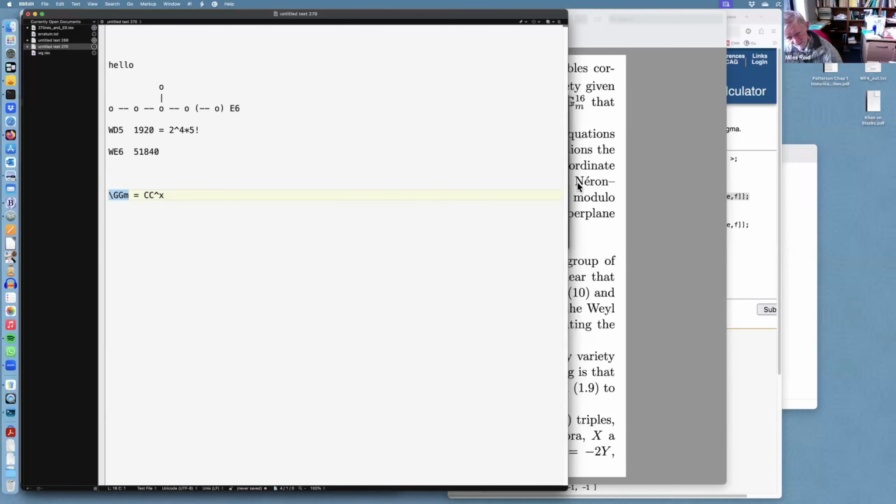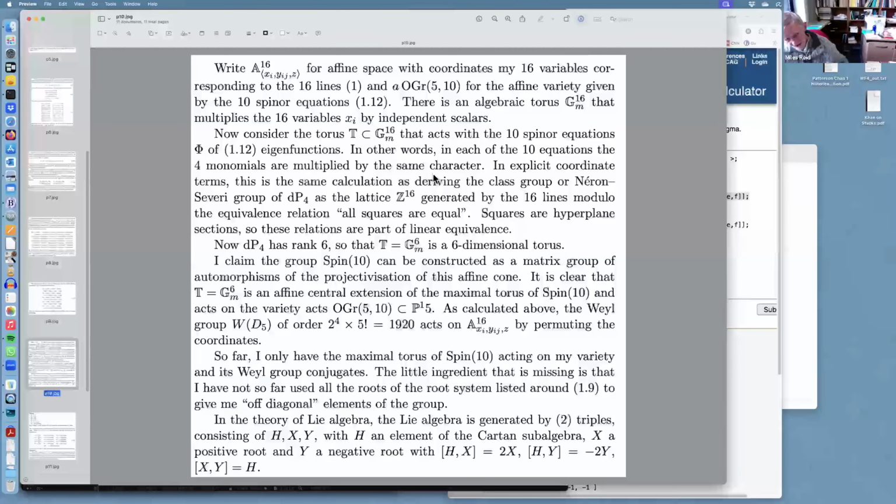So somewhere at the back of this, I have in mind that I'm doing scheme theory, although I'm really doing projective variety. Yes? So now, I have these 10 spinor equations, and I've got this enormous algebraic torus that acts on it, and most of that torus does not leave these equations invariant.